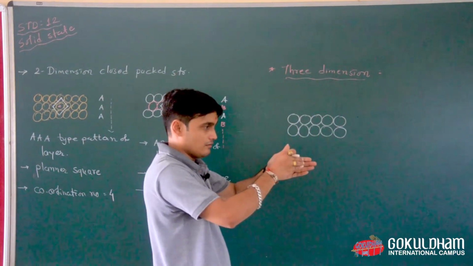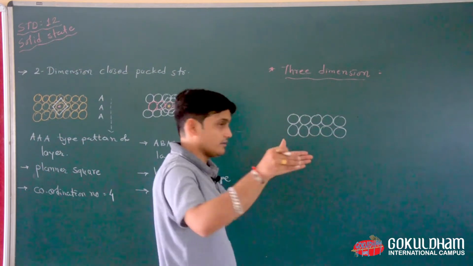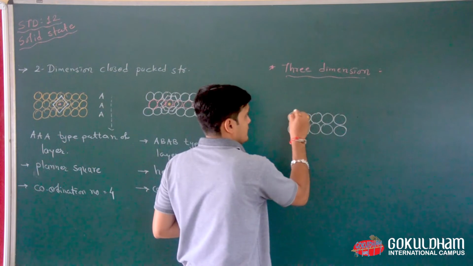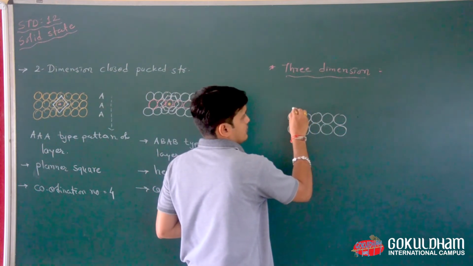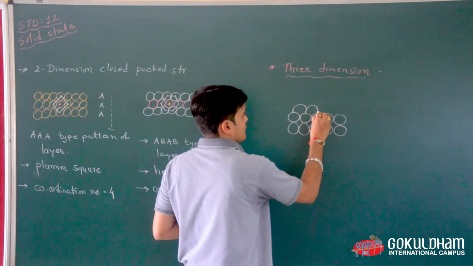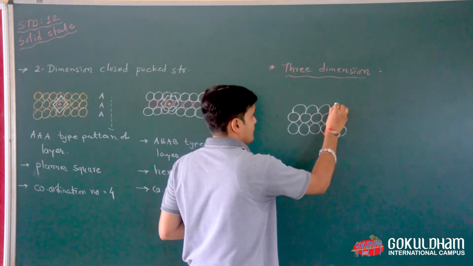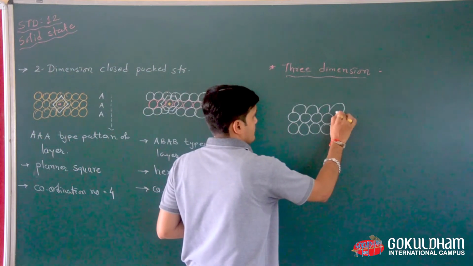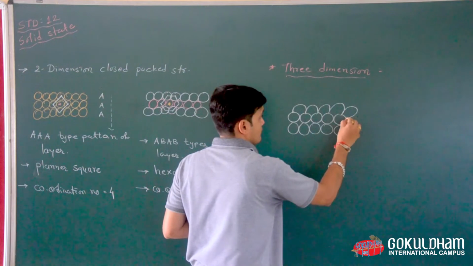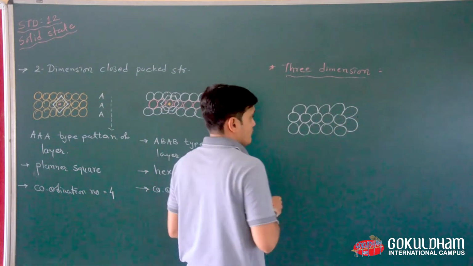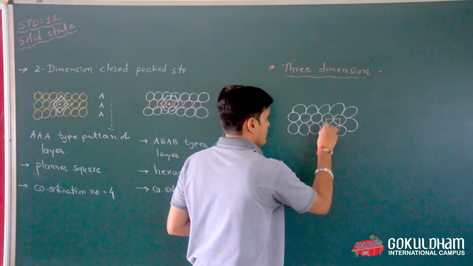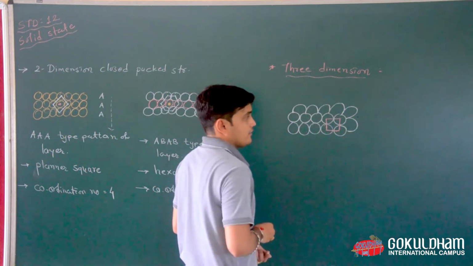You can widely use this third dimension. So we can show this type of third layer which is behind this layer. At the terminal positions, these four molecules are considered as square planar.